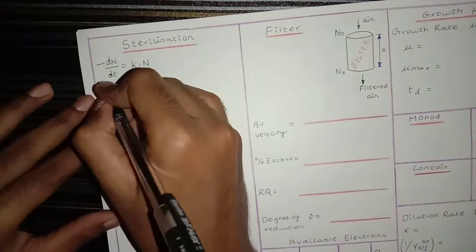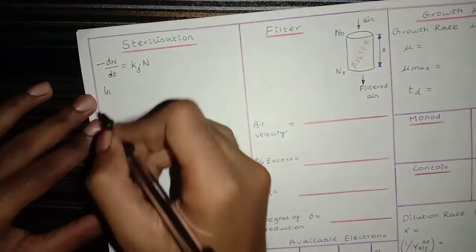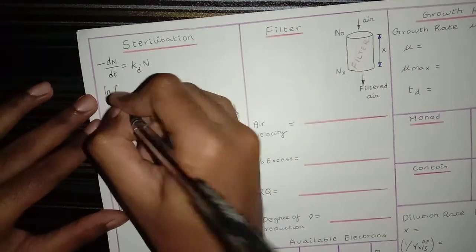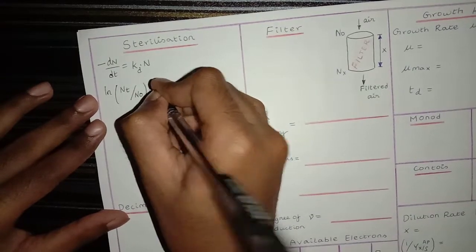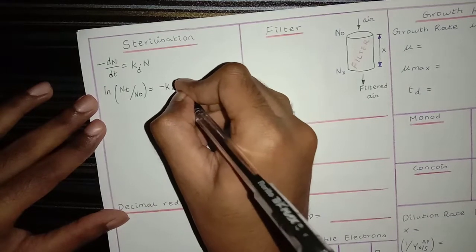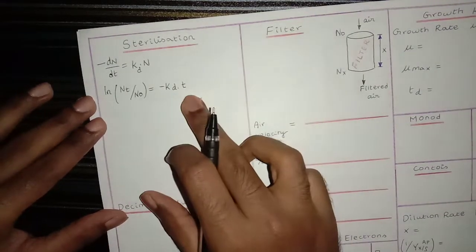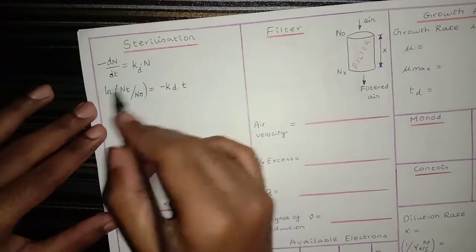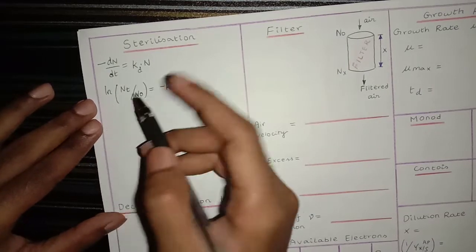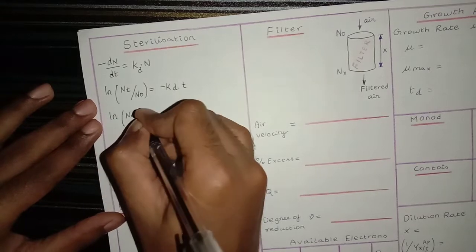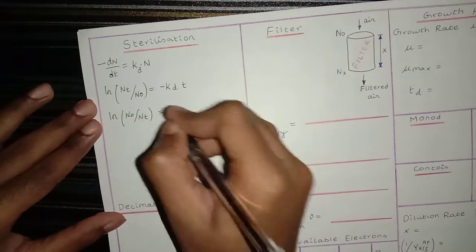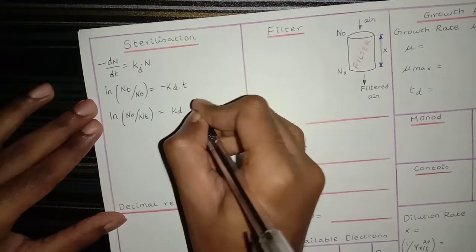On integrating we get ln of nt over n0 equal to minus kd times t, the time of sterilization. We take the negative sign to this side and reciprocate. So ln of n0 over nt is equal to kd times t.